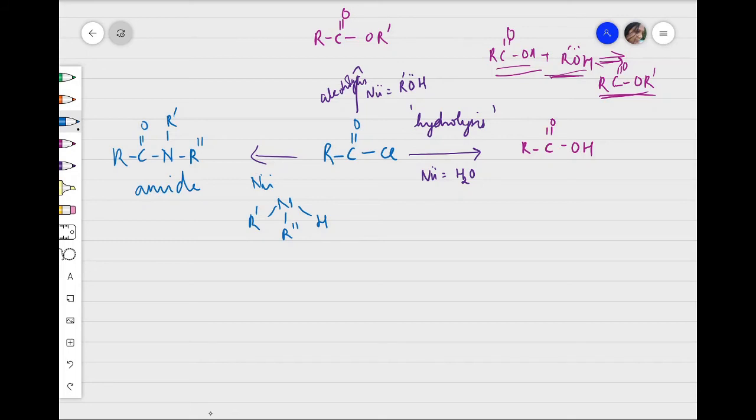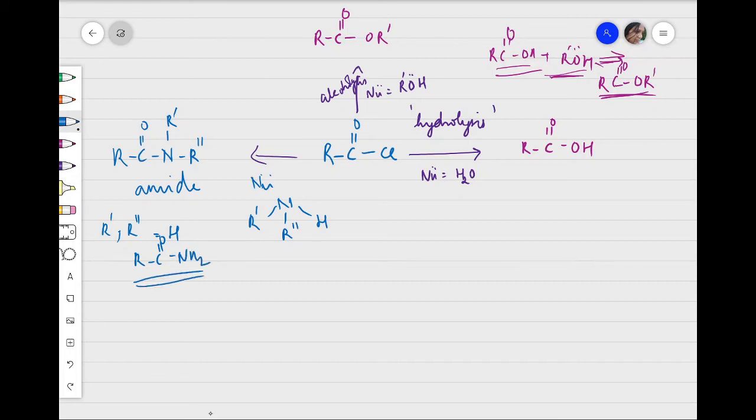Now you can obtain a monoamide, or just a normal amide. When R and R dash are equal to H, I will get a very simple amide, that is RC double bond O, NH2.